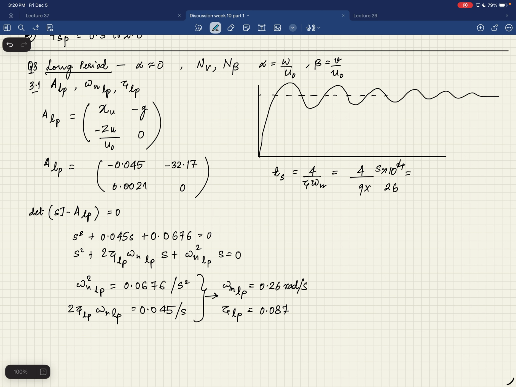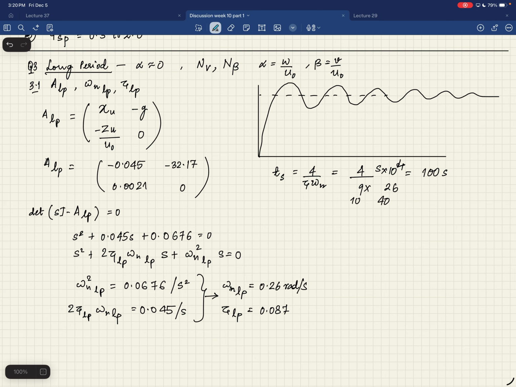I could approximate this, and roughly you can see it's about 40 over 0.2, so about 200 seconds. So it's about 100 seconds or more, which is a long time. It's like 2 to 3 minutes.